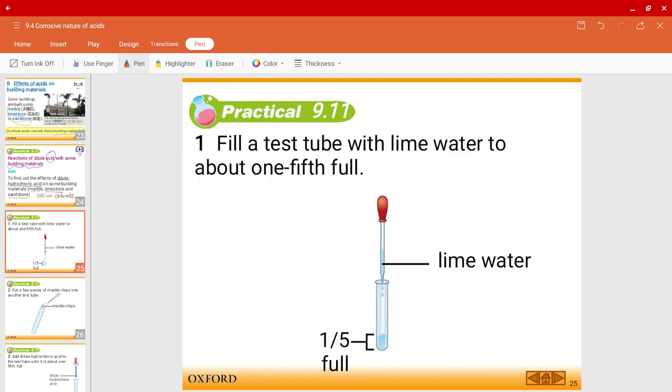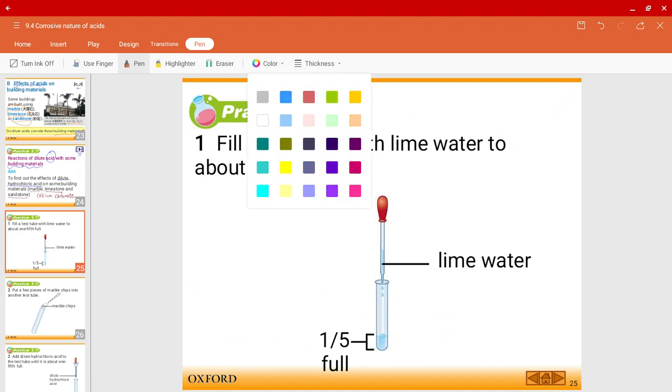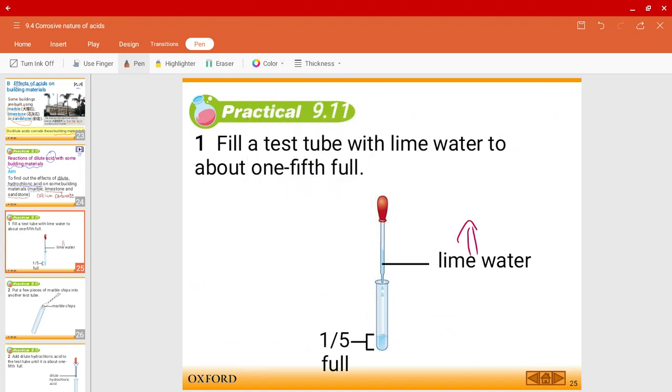First off, you grab a test tube and add lime water to the test tube. I know you've heard of this name before. If you remember in chapter 7, I always love to ask you, what is lime water used for? What gas does it test for? It tests for carbon dioxide.